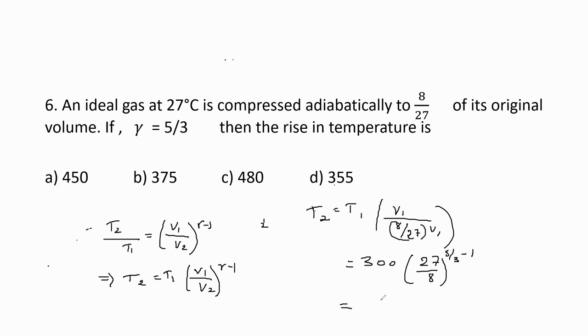So simplify this. 5 by 3 minus 1 is nothing but 2 by 3. 300 into bracket 27 by 8 to the power of 2 by 3. So simplify this, we will get it as 675 Kelvin. We want the answer in terms of Celsius. So 675 minus 300 is 375. That is option B is the correct option here. Option B is the correct option.